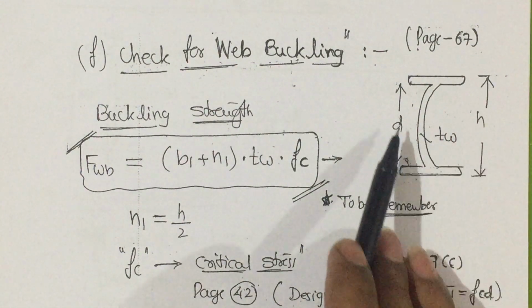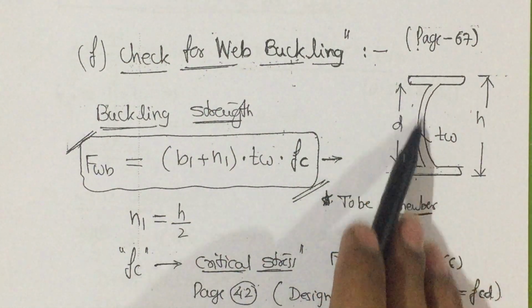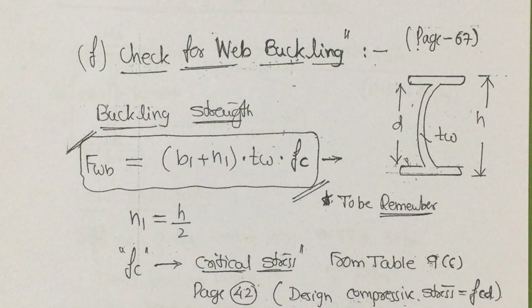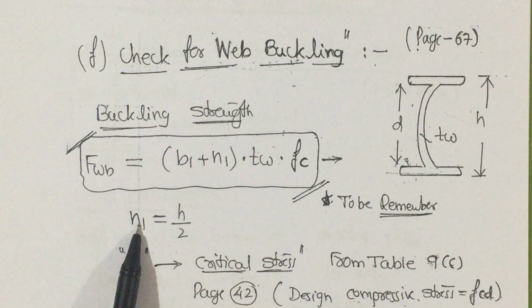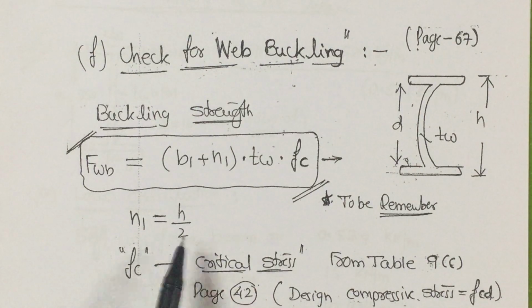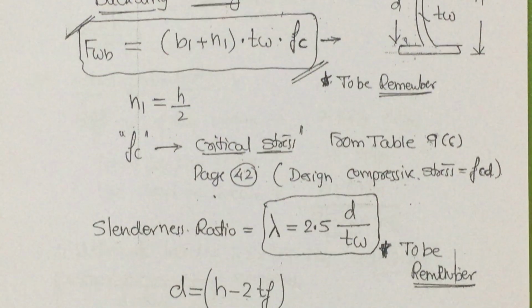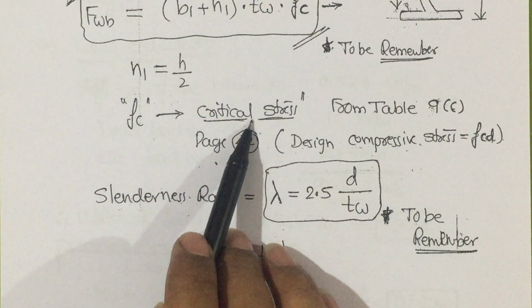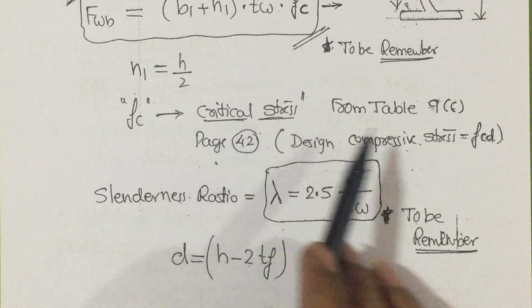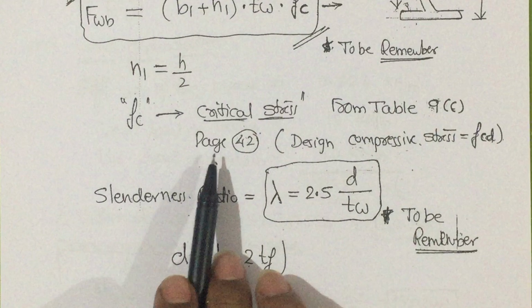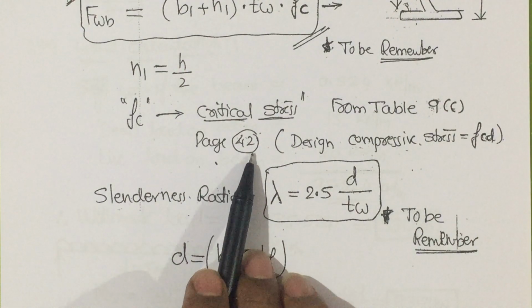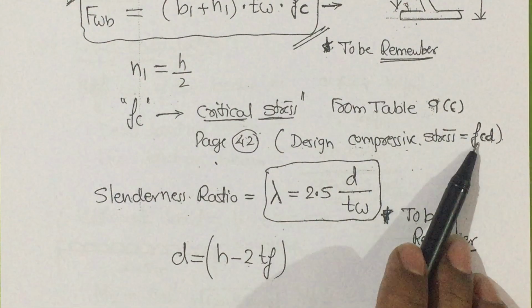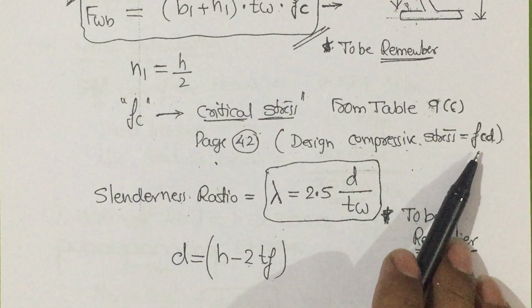H is nothing but total height, D is the depth of the web portion, Tw is the thickness of the web, where N1 is given by H by 2, total height divided by 2, and where Fc is nothing but critical stress. From table 9C of page 42, we are going to get Fc or Fcd values, both are same.